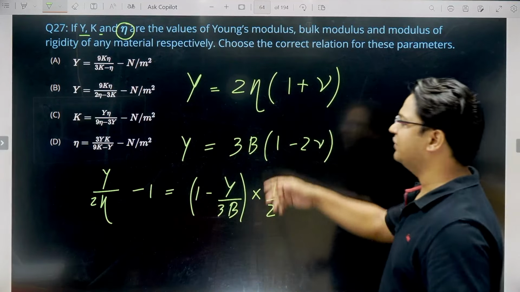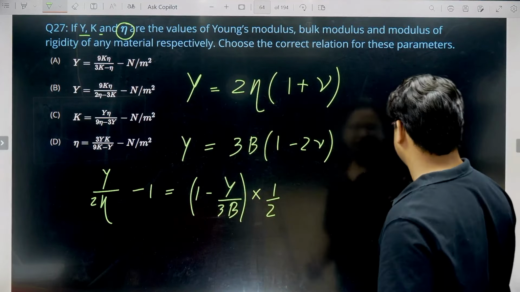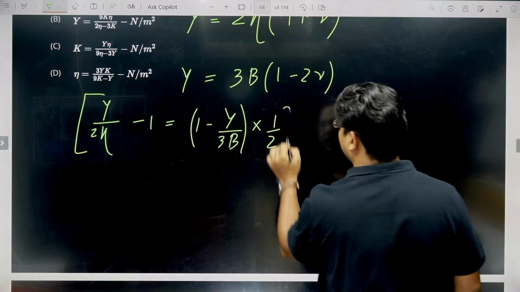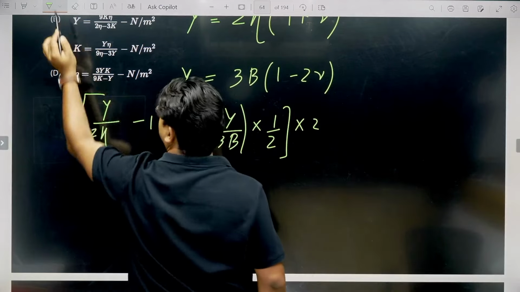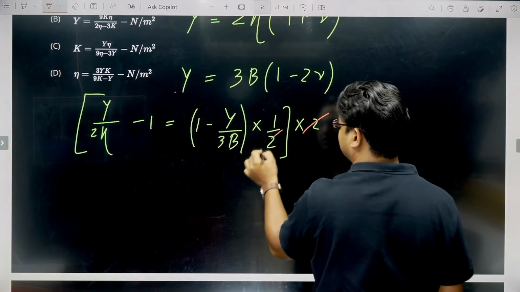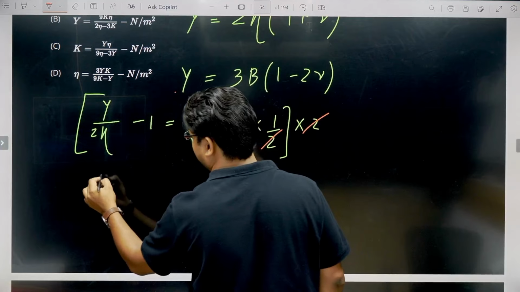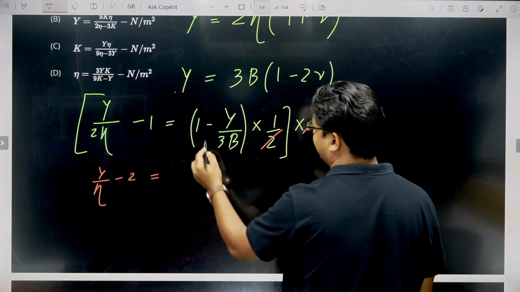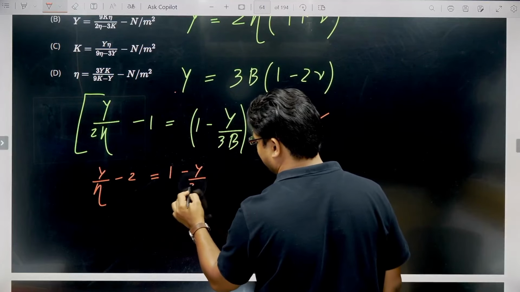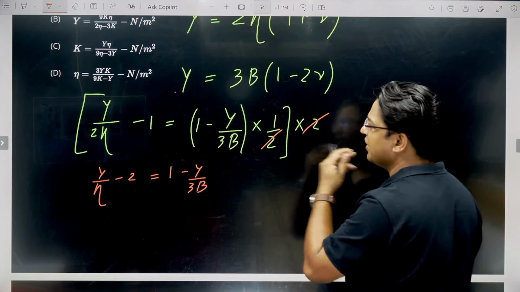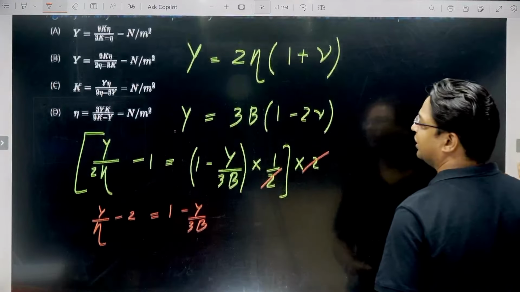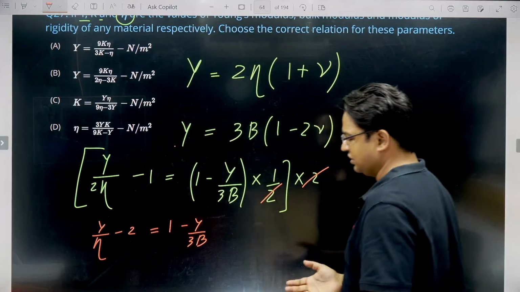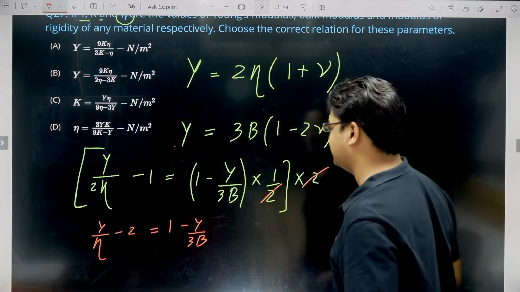Now we have to rearrange it and see which of the relationships matches. I'm going to multiply this entire equation with 2, so the 2 and the 2 get cancelled, and here we get Y upon eta minus 2 equals 1 minus Y by 3B. In two of the relationships we have Y on the left hand side, so let me try keeping Y on the left hand side, so that if A or B is one of the options, then we can directly see the answer.